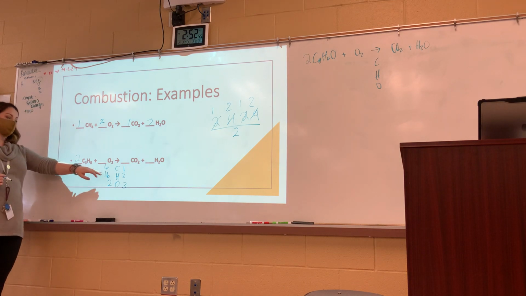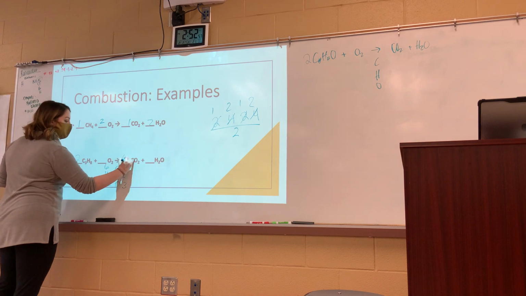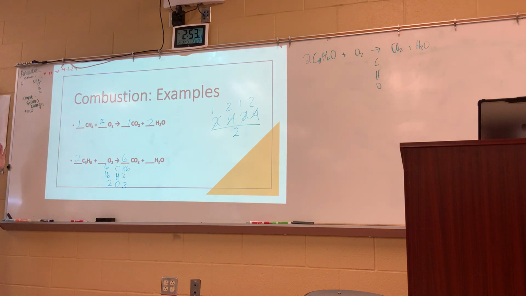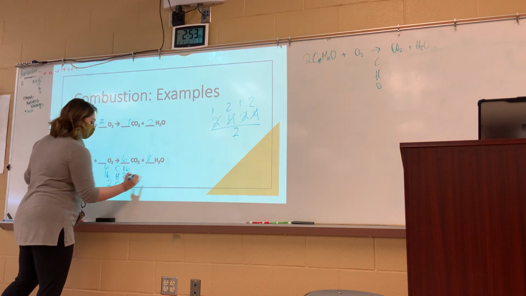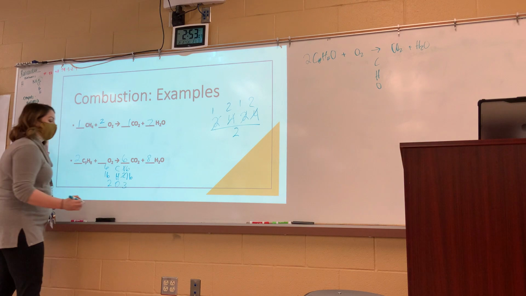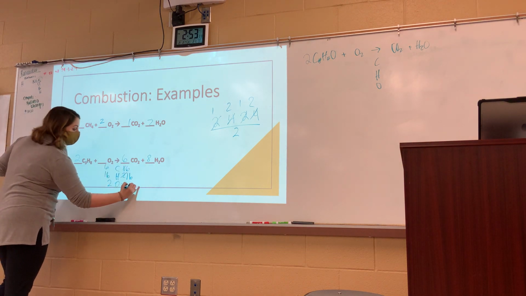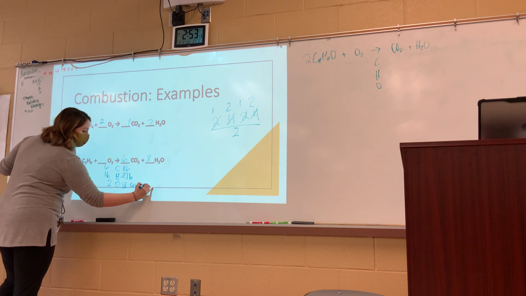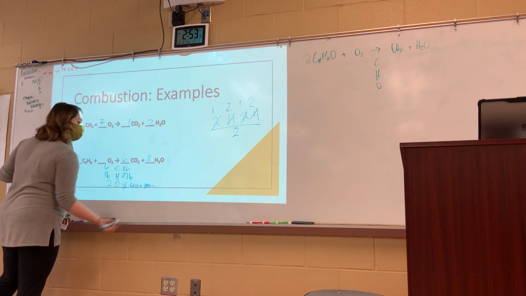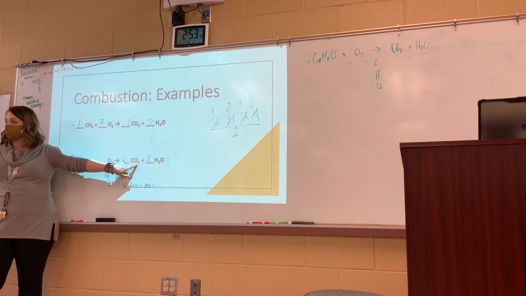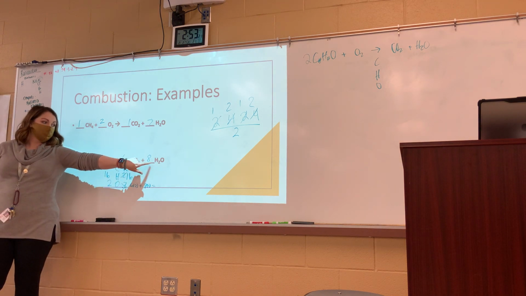I have 6 carbons, so I need to get a 6 in front of the carbon dioxide. I have 16 and 2, so I need to put an 8 in front of the water. Now I need to count up my oxygen. 6 times 2 plus 8 times 1. That's what we're looking at.